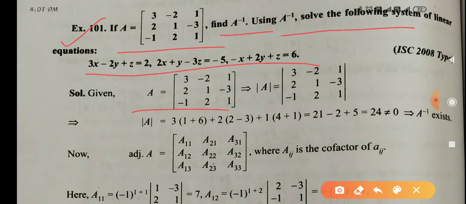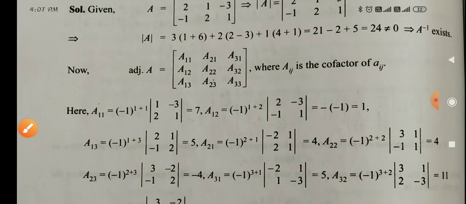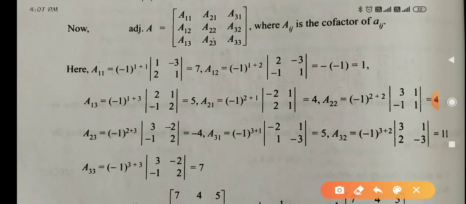So A is given, determinant A you find, determinant A is 24. It is coming 24. It means that it is not equal to 0. A inverse exists. So adjoint A method I told you. You find adjoint A. After finding adjoint A, this is 7, 1, 5, 4, 4, minus 4, 5, 11, 7.